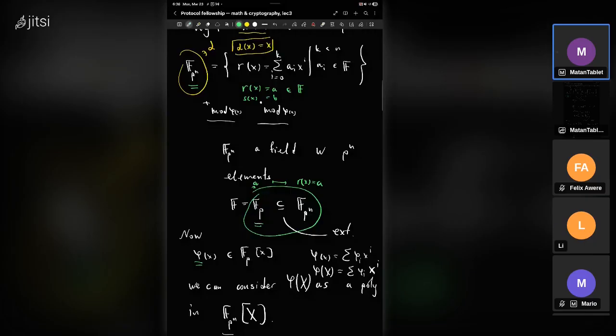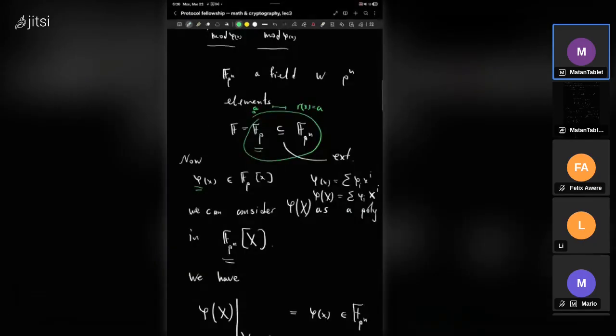Yes, but you define phi(x) within Fp, which is a small field. Yes, but Fp to the n is a big field. Okay, so now I want to consider phi over the big field, Fp to the n.